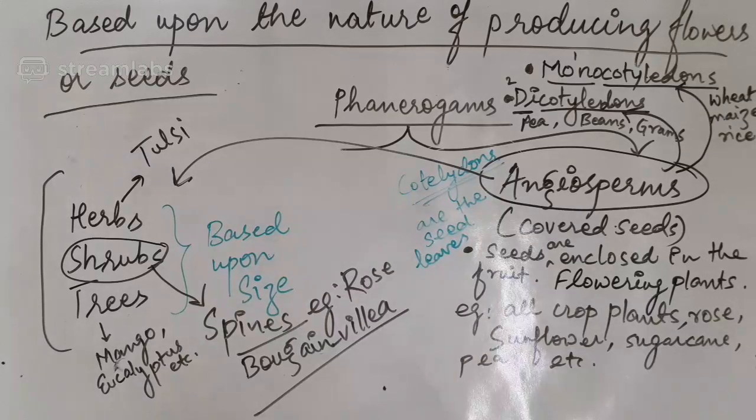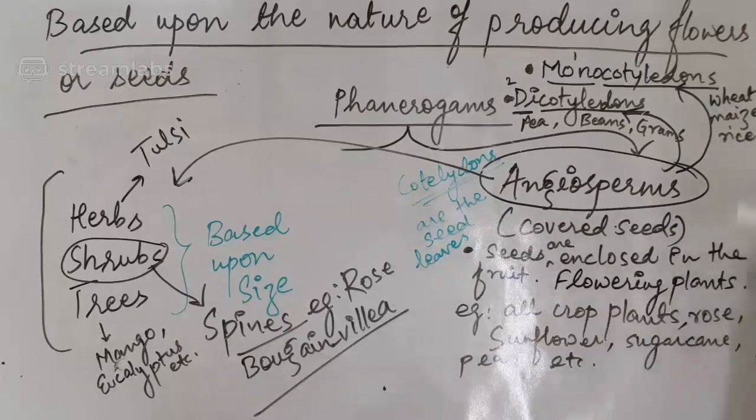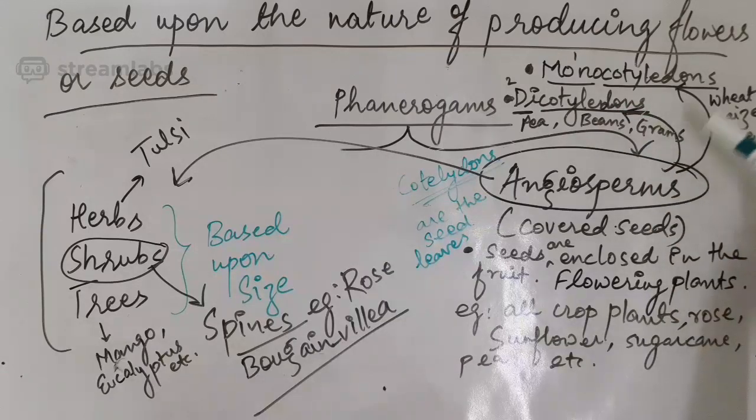Now the last topic of the chapter, that is kingdom Animalia. I am rubbing it down. Angiosperms based upon the cotyledons or the seed leaves are of 2 types. One is monocot and another one is dicot. Example of monocot, wheat, maize, rice. Dicots, peas, beans, grams. Okay.